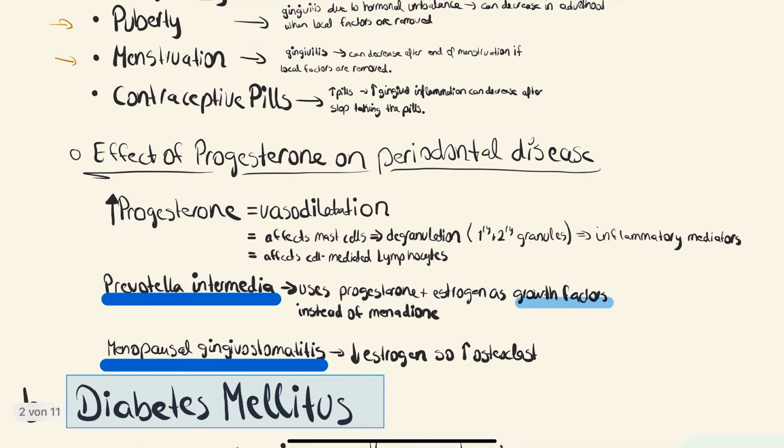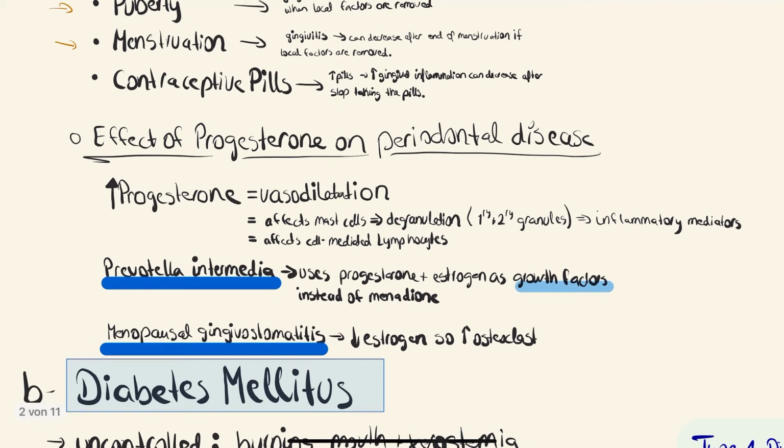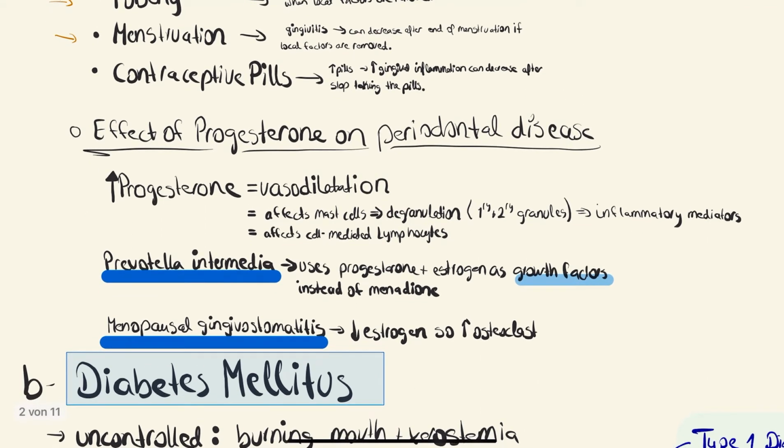So what is the effect of progesterone on periodontal diseases? When we have increased progesterone, it leads to vasodilation. This affects the mast cells, which leads to degranulation.